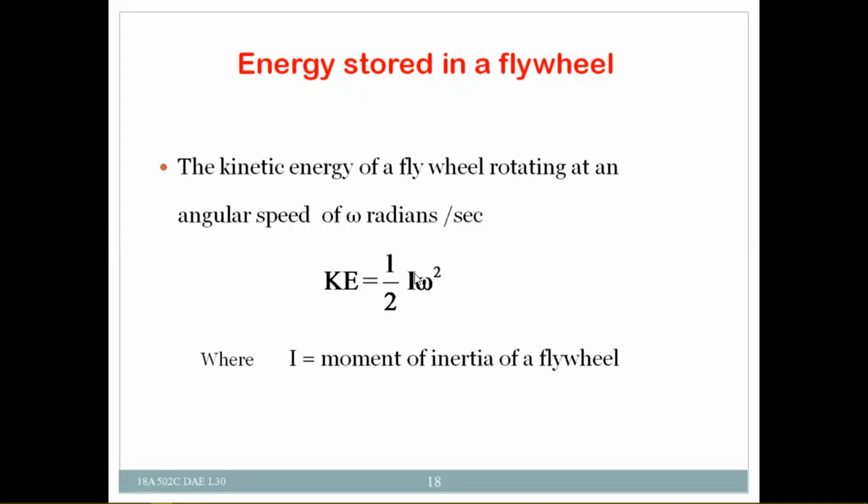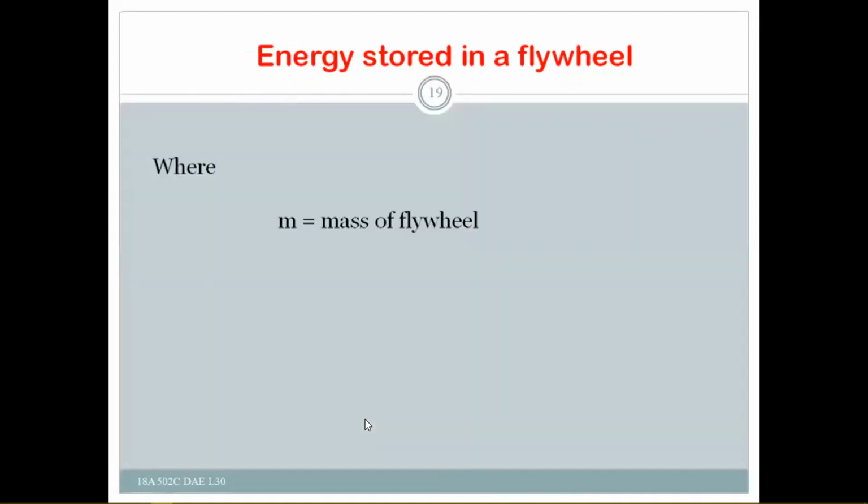where I is the moment of inertia of the flywheel, and I is equal to mk square, where m is equal to the mass of the flywheel and k is equal to the radius of gyration.